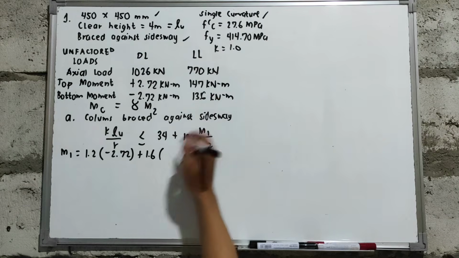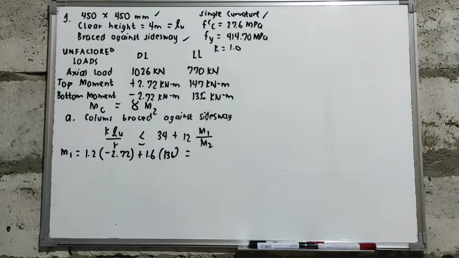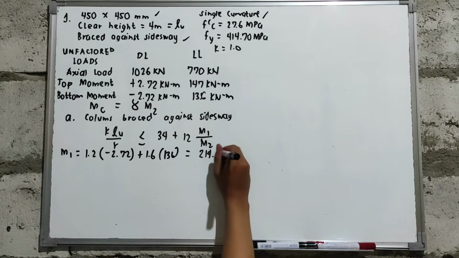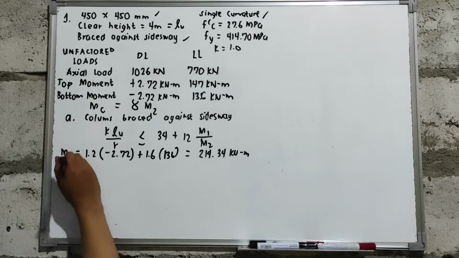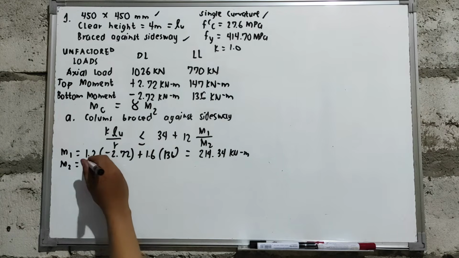So it is 136. You will have a value of M sub 1 equal to 214.34 kN-m.